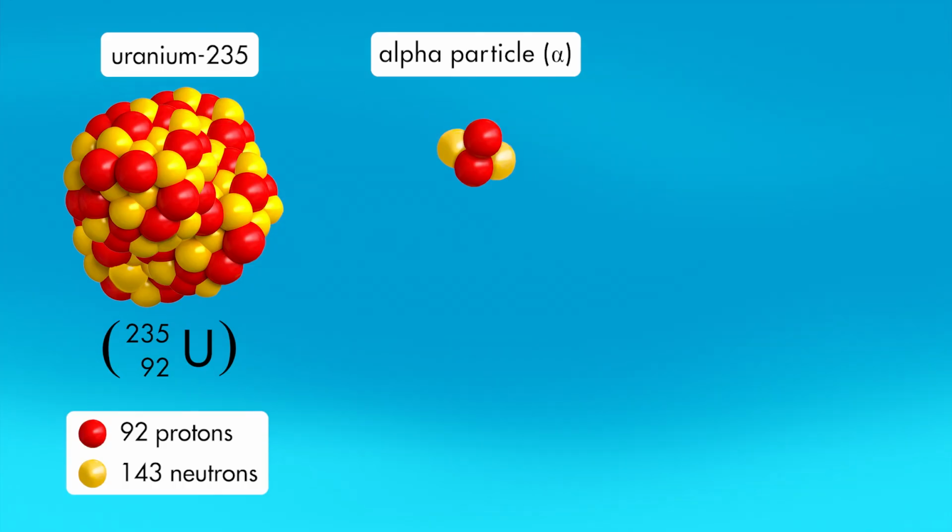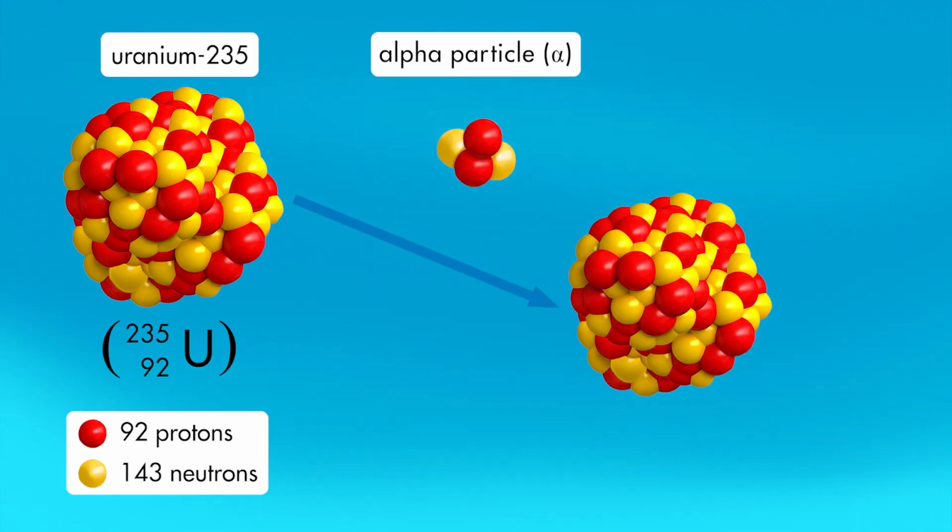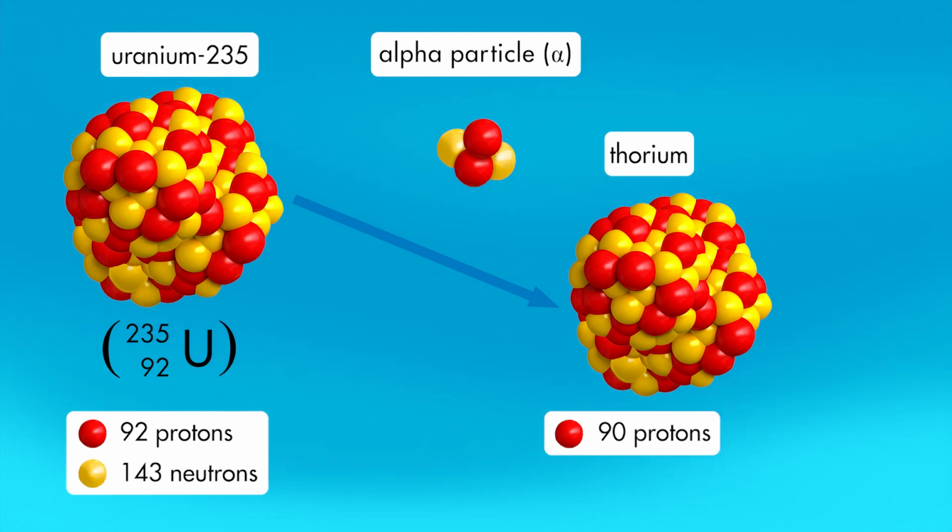After an alpha particle has been ejected from the nucleus of a uranium-235 isotope, it has 2 fewer protons and 2 fewer neutrons, so it becomes a new isotope. Each element has a specific number of protons. Since the new isotope has 90 protons, it has become an isotope of the element thorium.